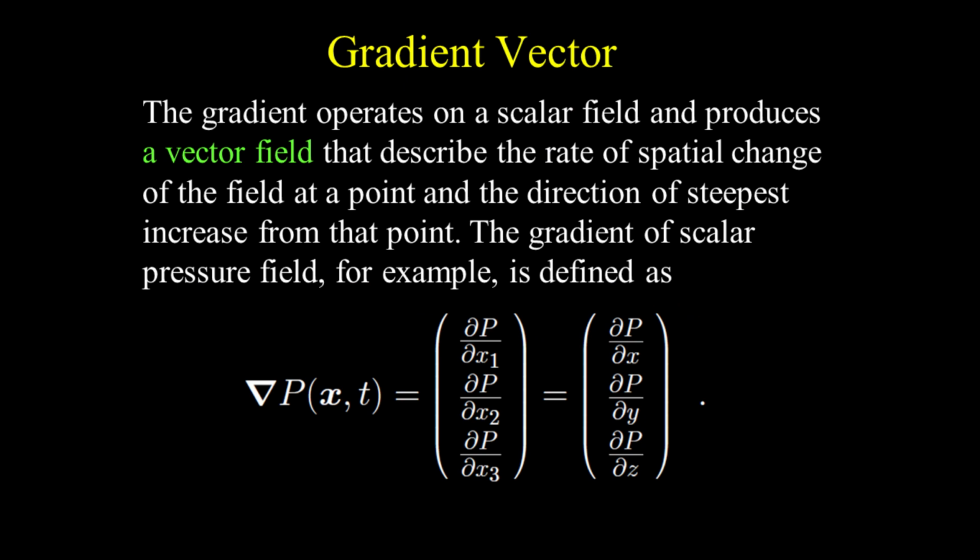We now introduce two new operators, gradient and divergence. The first is the gradient of a scalar field. Here is the definition of gradient in Cartesian coordinates. The gradient operates on a scalar field and produces a vector field that describes the rate of spatial change of the field at a point and the direction of steepest increase from that point.